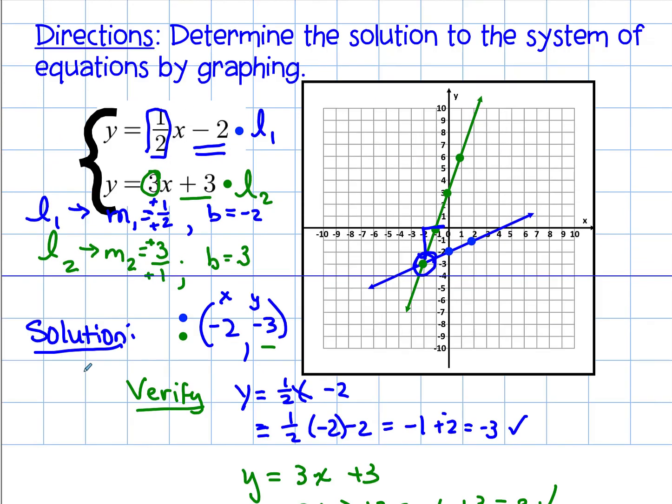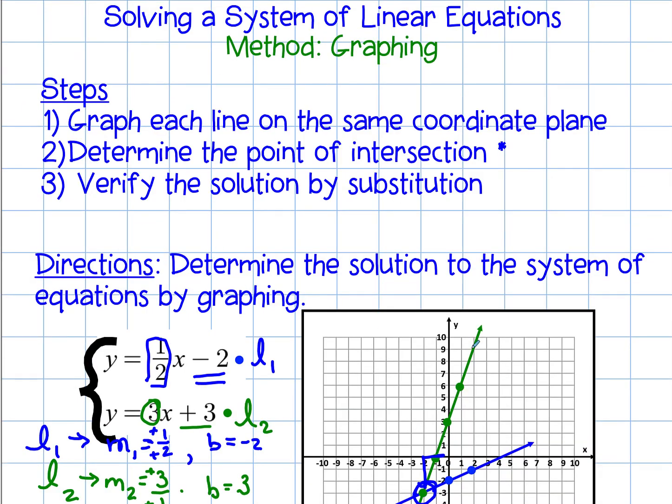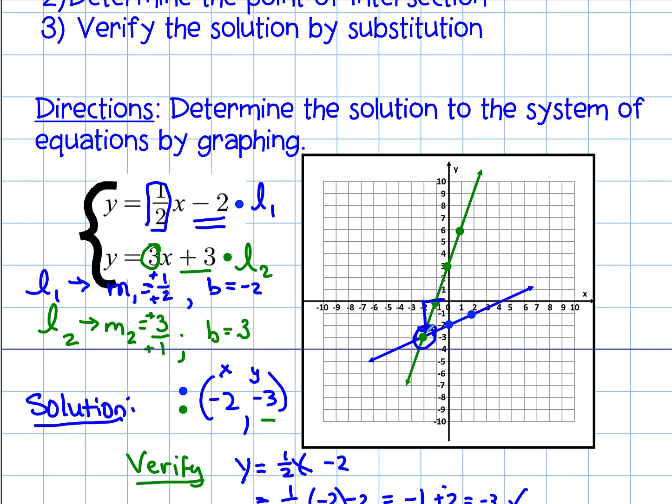Okay, so again, what did we do? We graphed each line individually. We analyzed the equations first to figure out how to graph them. You also can make a table of values for each one. Then we used our eyesight and looked for where the lines intersected.